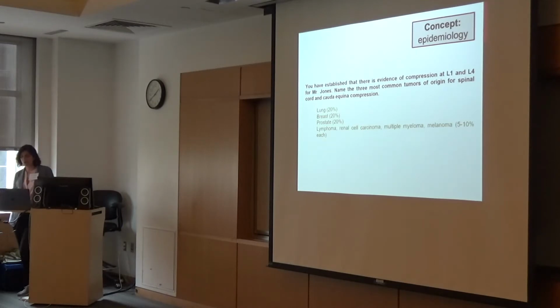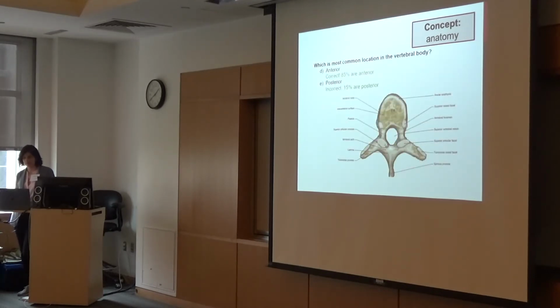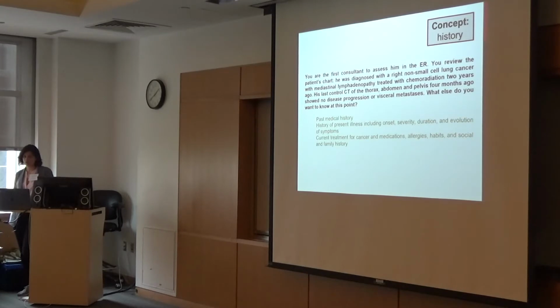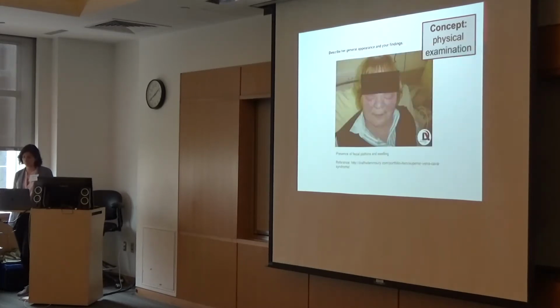Just to go through quickly the concepts that were dealt with: things like epidemiology, anatomy, what to expect on taking pertinent positives and negatives from history. So this would be a free text type of question.